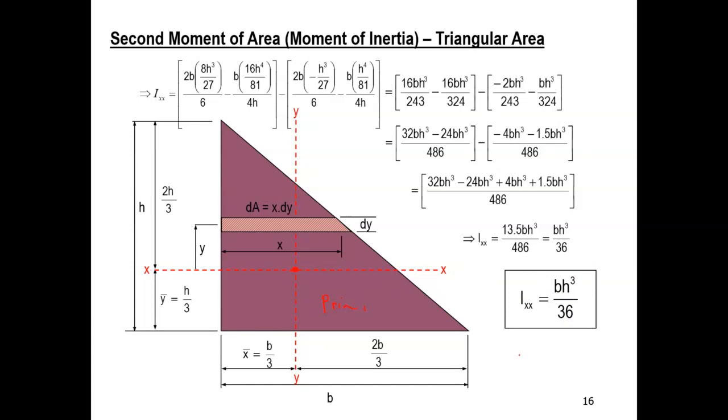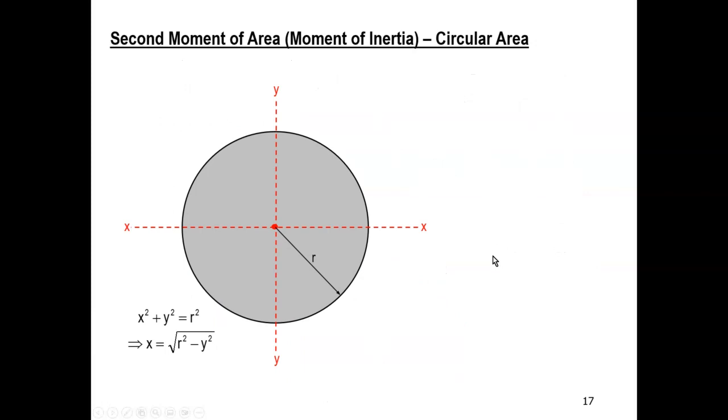This is very similar to the rectangle, where you have 1 over 12 b h cubed; in this case you have 1 over 36, so this is 1/3 of that. You don't need to memorize that. In the exam, you will be provided with the formula sheet. But just remember that this is a standard primitive shape.